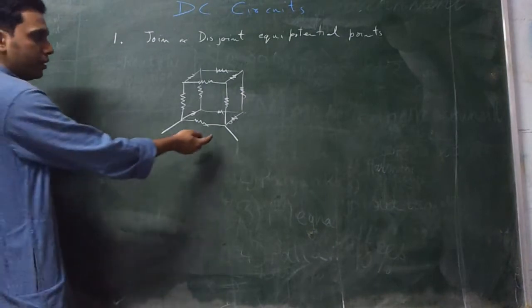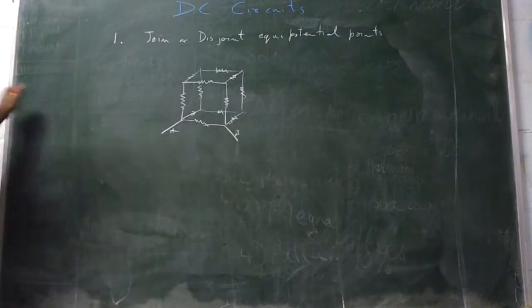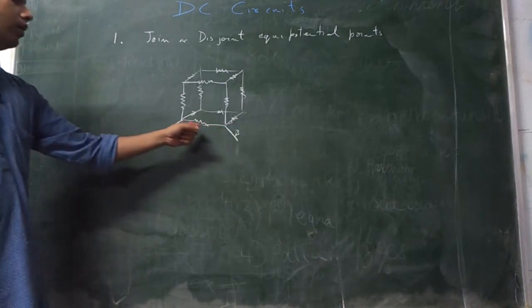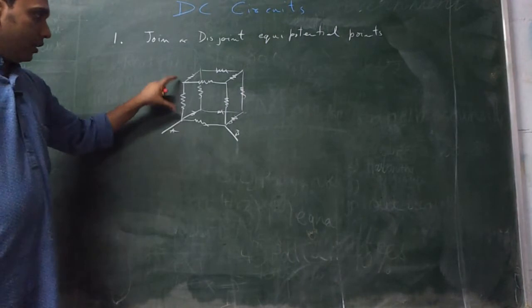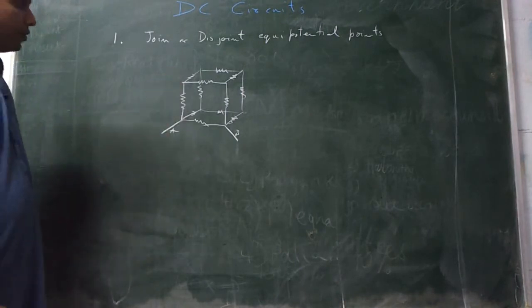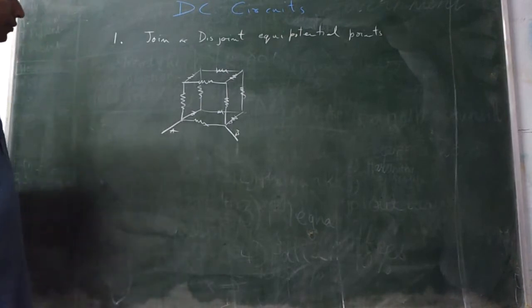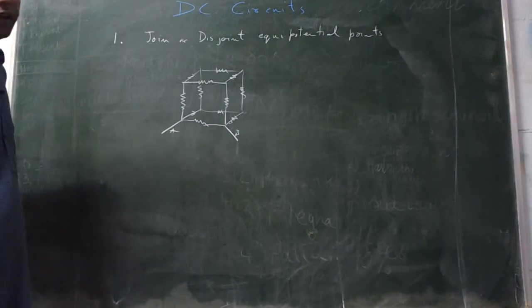Suppose you have to find the resistance between these 2 points, point A and point B, which are two adjacent edges in a cube. Any one side, 2 points on that side, what is the resistance between them? So, first, which you will be using always, is to see the symmetry of the circuit, whether the circuit is symmetric or not.